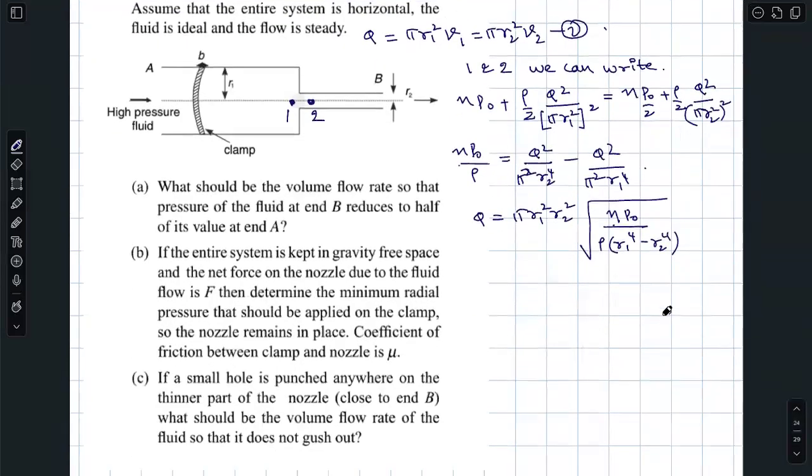If the entire system is kept in gravity-free space and the net force on the nozzle due to fluid flow is F, then determine the minimum radial pressure that should be applied on the clamp so that nozzle remains in place. Coefficient of friction between clamp and nozzle is mu. Can you please tell me what is exactly happening over here?